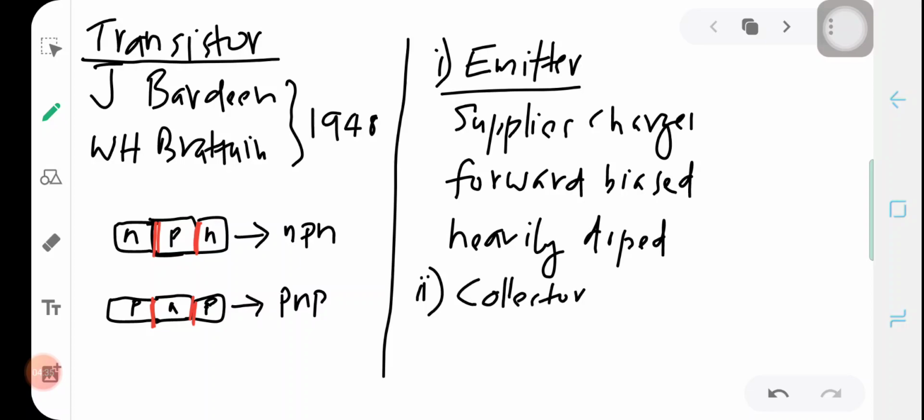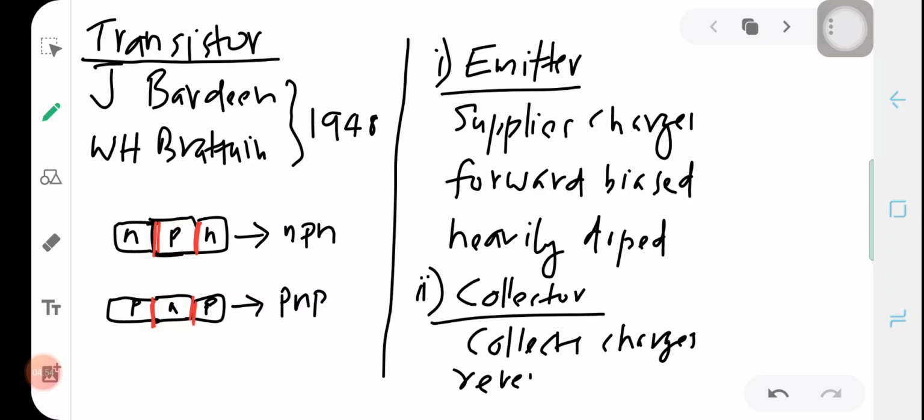So the collector collects the charges supplied by the emitter, and it is always reverse biased.